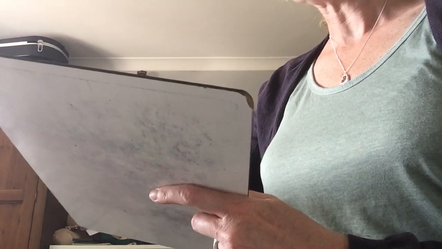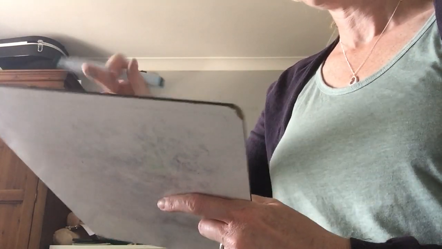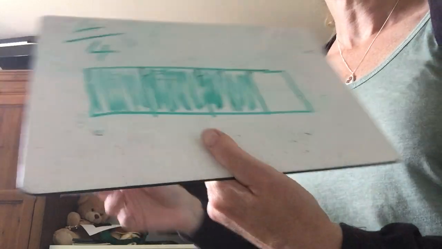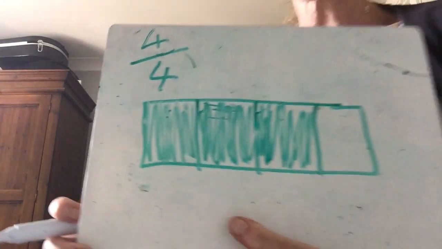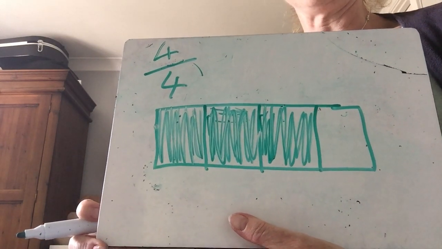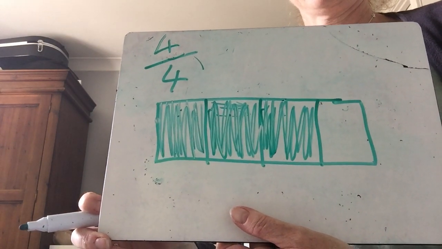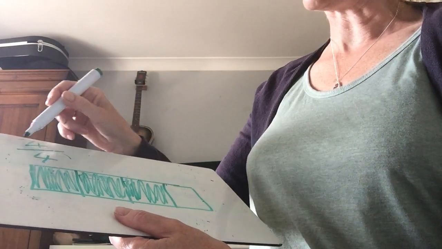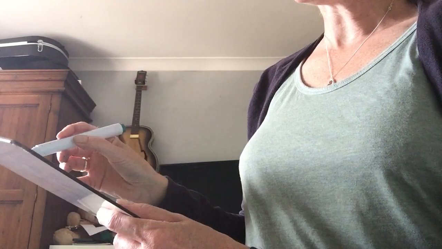What would happen if I asked you to shade that amount? Speak to the person that's with you. What would happen? Good, you would have to shade all of it because you've got 4 and 4.